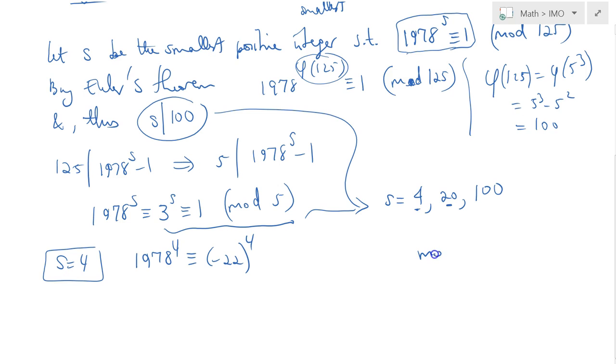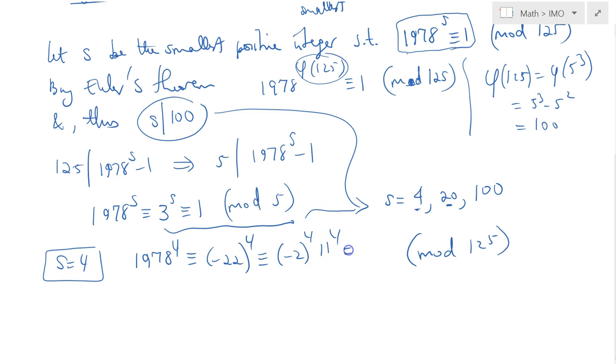I can split minus 22 as minus 2 times 11, so it is 2 to the power 4 times 11 to the power 4. 2 to the power 4 is just 16. 11 to the power 4 would be, 11 squared is just 121, which is minus 4, and minus 4 squared will be 16 as well.